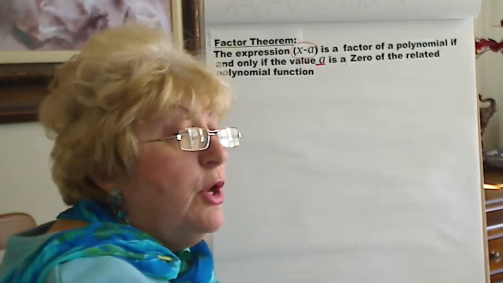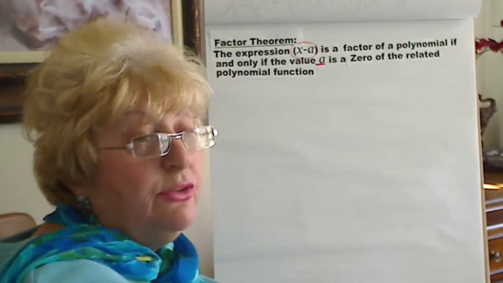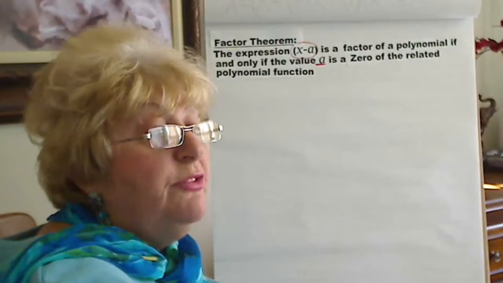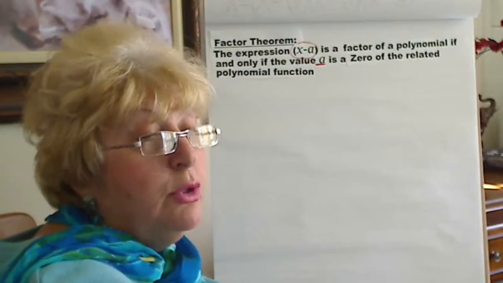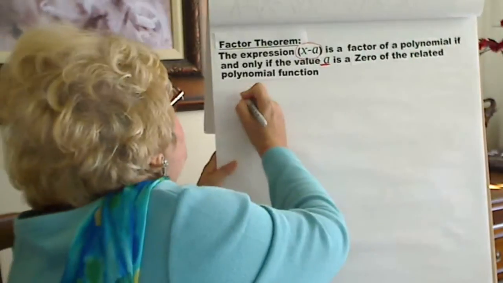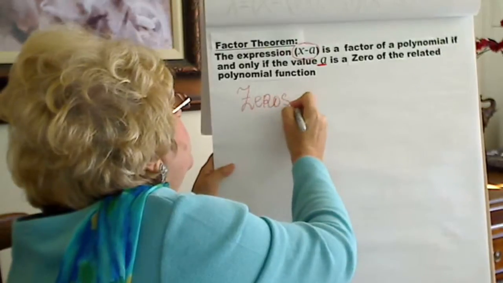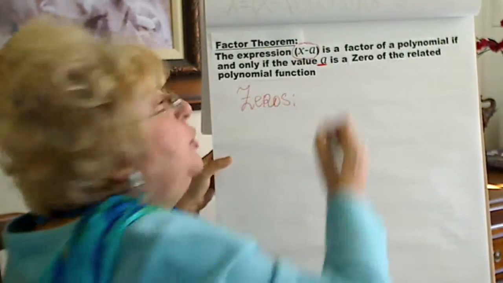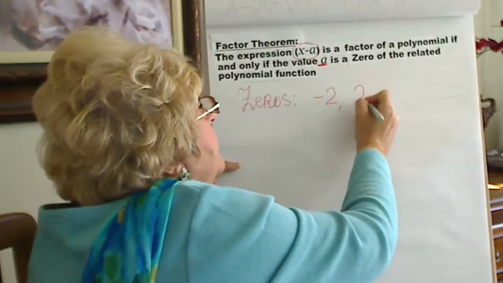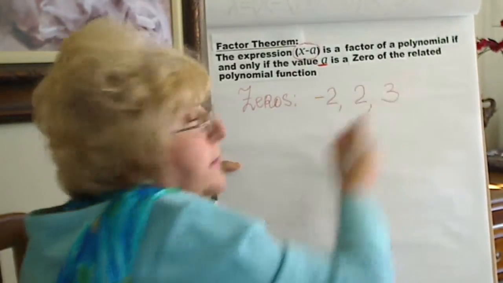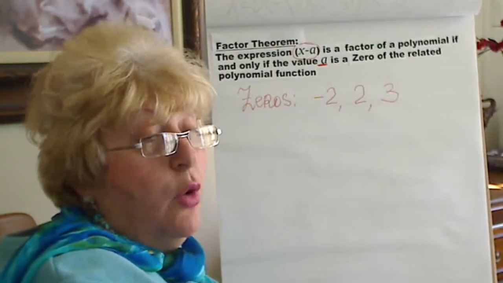For example, you have a cubic polynomial function in standard form, and this function has zeros -2, 2, and 3. How can we write our function?